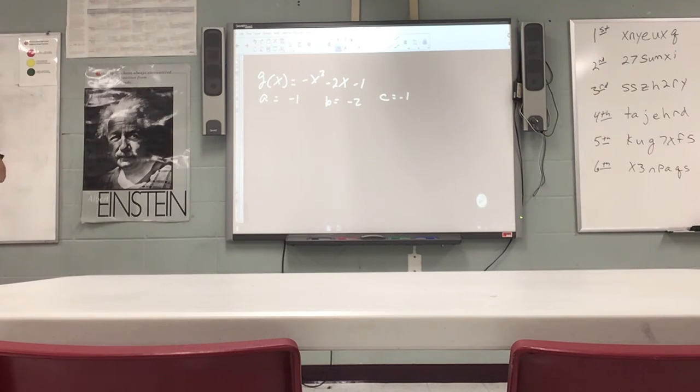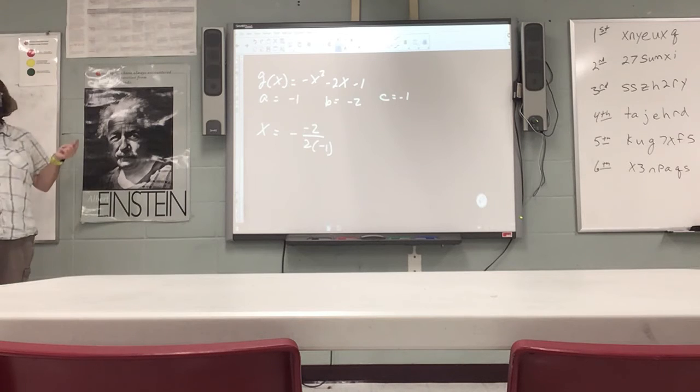Alright, so we talked about on the one we did together a second ago, always start in standard form with your axis of symmetry. So x is negative b over 2 times a. You had one like this on your assignment yesterday, but this is the first one like this I've done.